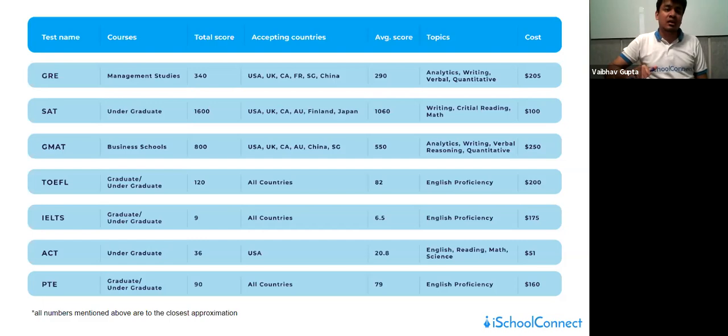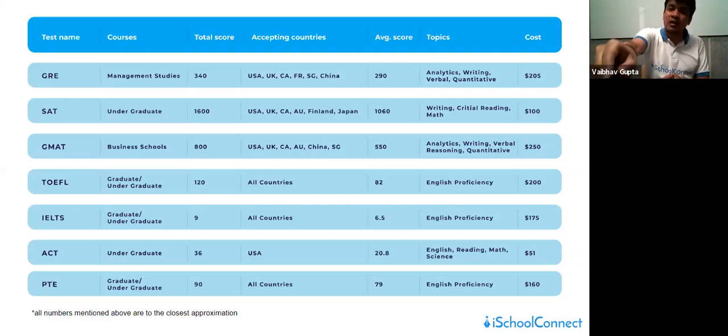Another interesting exam, which the majority of students who want to pursue their MBAs, their masters abroad, take, is the GMAT exam. GMAT is out of 800. Typically, to land a good institution in the US or in Canada, you need to score upwards of 650.